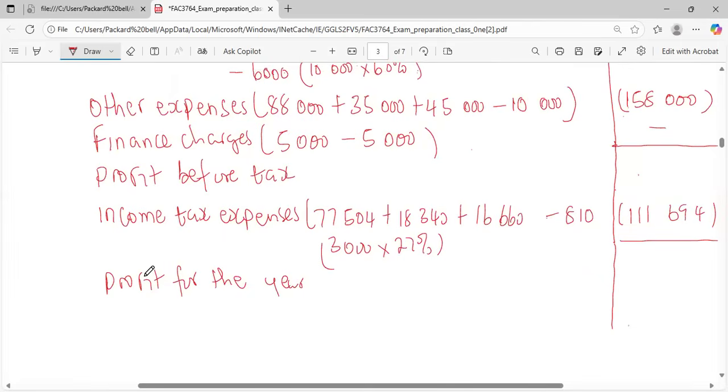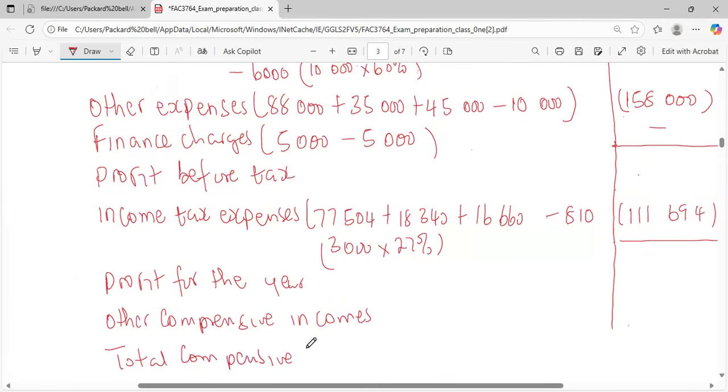Am I correct? So here we are going to have other comprehensive income, and then after that, we are going to have total comprehensive income for the year.